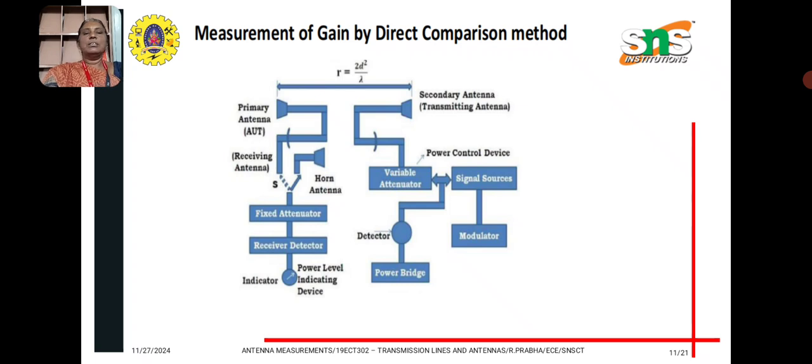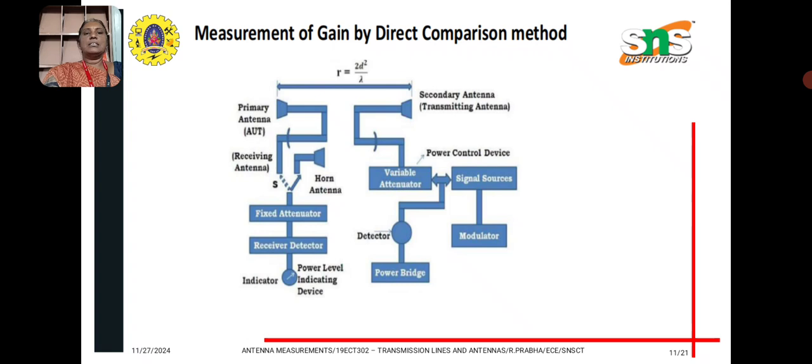The next method is measurement of gain by the direct comparison method. In this method, the primary antenna is the antenna under test and the secondary antenna is the transmitting antenna. The distance between the two antennas is made r equal to 2d squared by lambda. The primary antenna is connected to the receiving side, and there is a horn antenna with a switch involved.